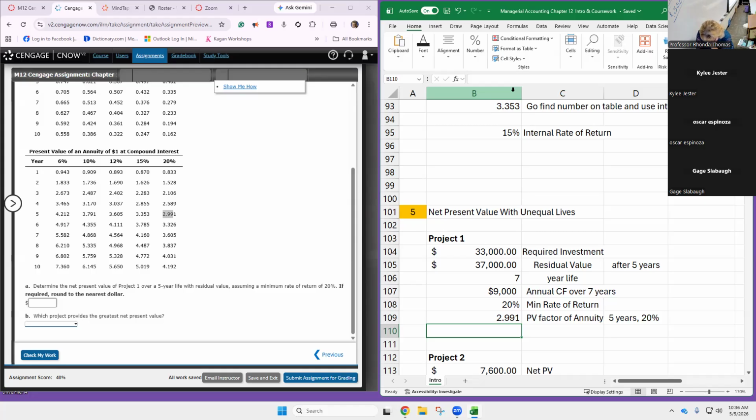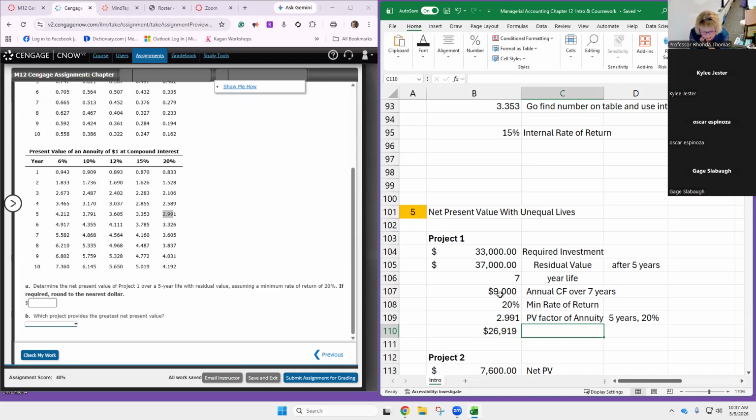So we're looking at the present value of 9,000, that's the cash flow, at 20% for 5 years. We've already found the factor, so let's multiply. 26,919.